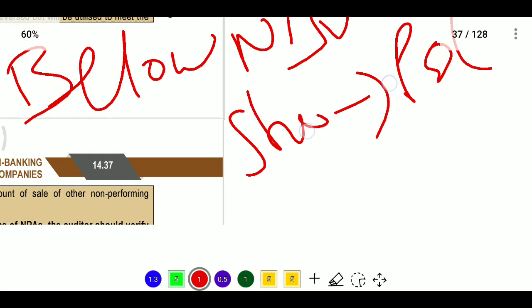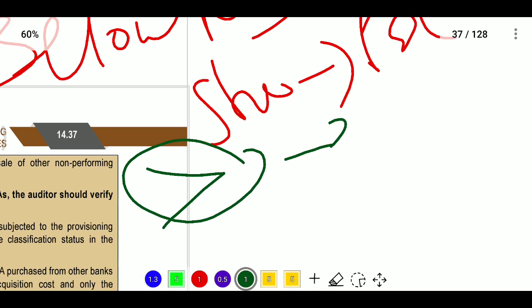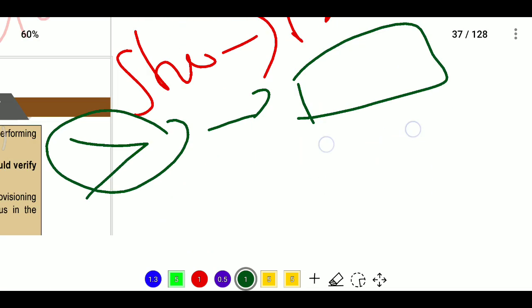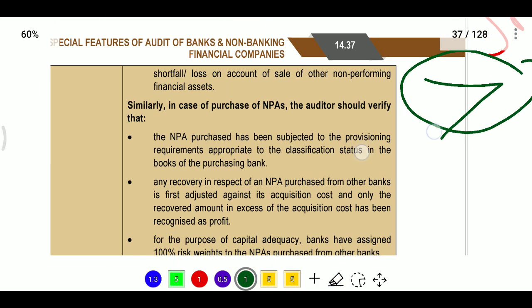In some cases, if we are selling for more than the net book value, the excess amount should not be transferred to the P&L; we need to maintain it in another account. This amount will be utilized for future losses or the sale of other NPAs. These are the sales related special points.